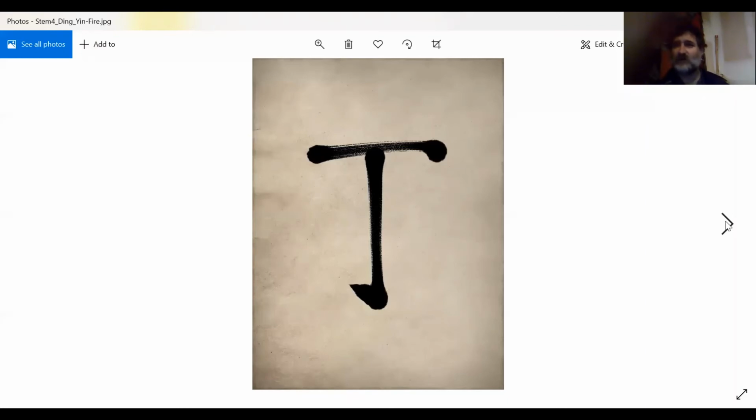So if yang fire is like an out of control wildfire, yin fire is like a candle, or a fire that is contained, or just the internal warmth of the heart. Gentle inner warmth, gentle warmth. Yin fire. So nice.